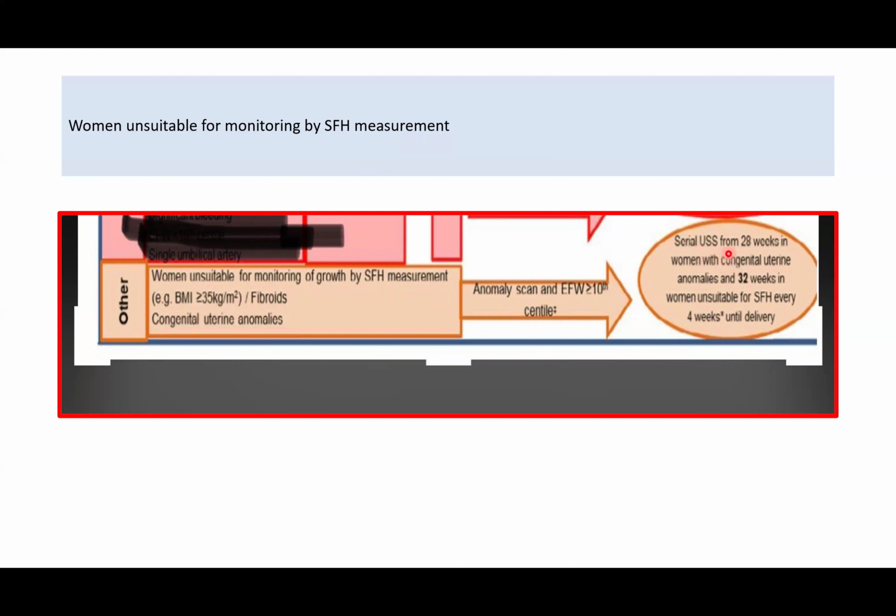In these women, scan is offered from 28 weeks for congenital uterine anomalies, and from 32 weeks in women unsuitable for SFH, and the scan is done every 4 weeks. So from 32 weeks, it will be for women with BMI 35 or more and fibroids. And scan from 28 weeks will be for women with congenital uterine anomalies.